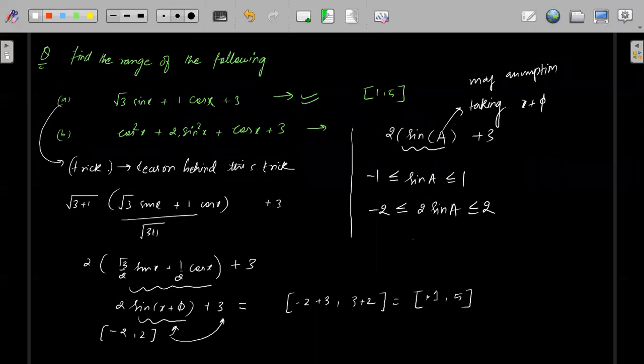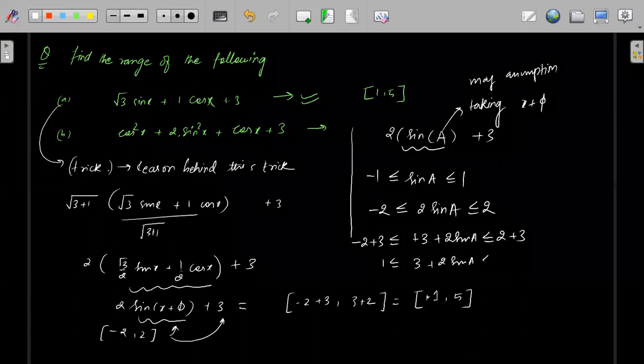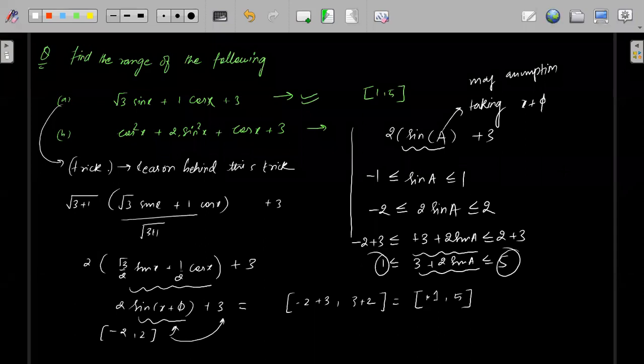So when I add 3 on both sides, it is less than or equal to 2 plus 3 and greater than or equal to minus 2 plus 3. So 3 plus 2 sine a lies between 1 and 5. The range we had to find is greater than or equal to 1 and less than or equal to 5.